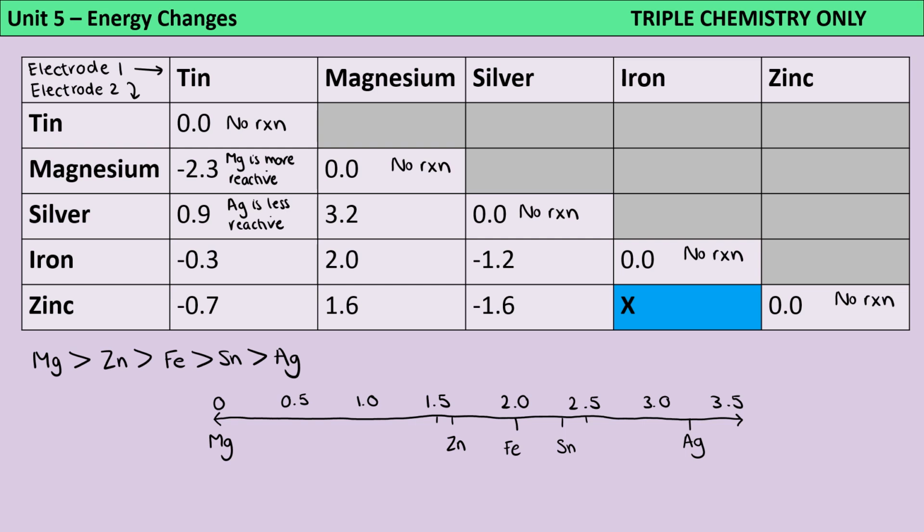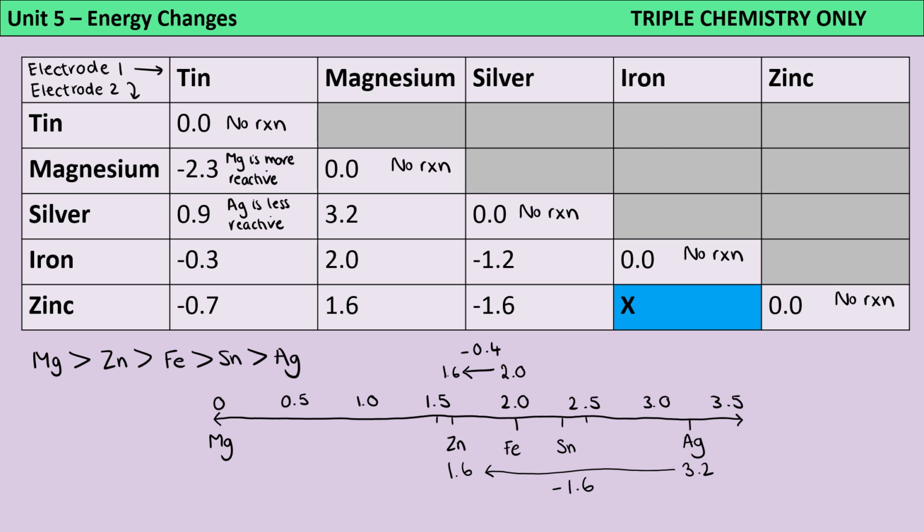If we compare silver to zinc, silver is at 3.2 and zinc is at 1.6. So to go from silver to zinc, I go down by 1.6, and that's exactly what I've got in the table. I've got a value of minus 1.6. So if instead of going from silver at 3.2 down to zinc at 1.6, I go from iron, which is at 2, down to 1.6, then I've only gone down by minus 0.4.